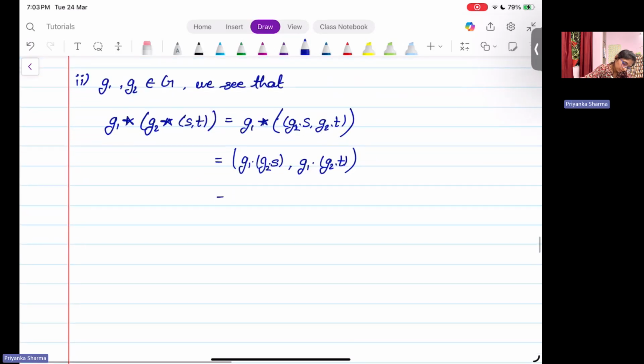Okay, so this will be ((g1 g2) dot s, (g1 g2) dot t), where g1 g2 is the composition. Why can we write this? Because again, capital S and capital T are G sets, so we have group actions, which is the dot here.